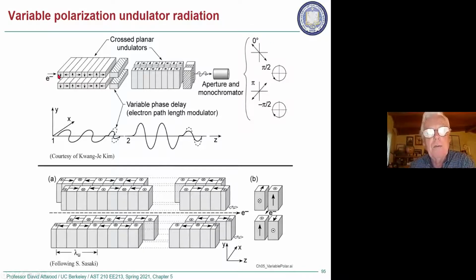When the electrons come through the first one, they oscillate horizontally, and then they go into the next one, where the magnetic field is horizontal and the electrons oscillate vertically. So you're producing a wave train with one polarization and a cross polarization.